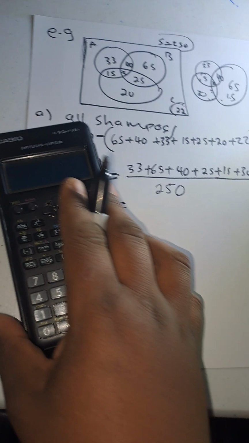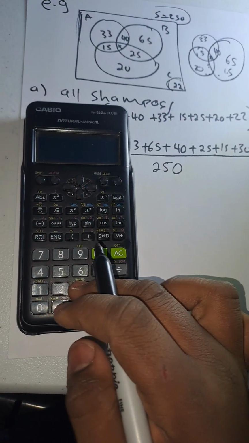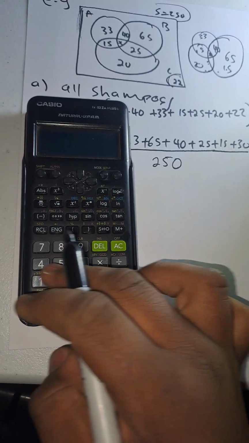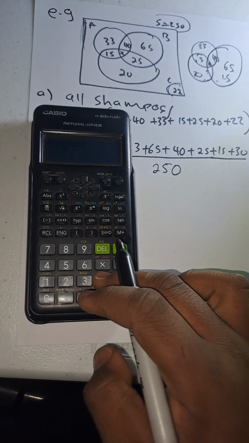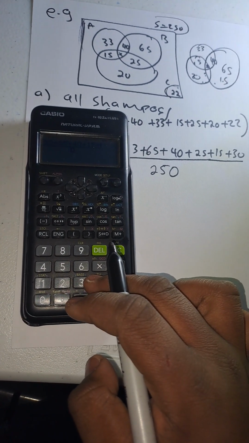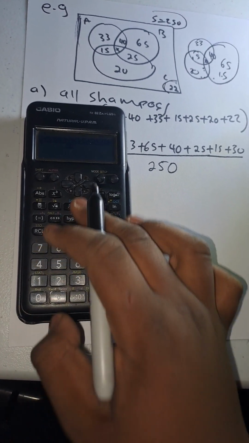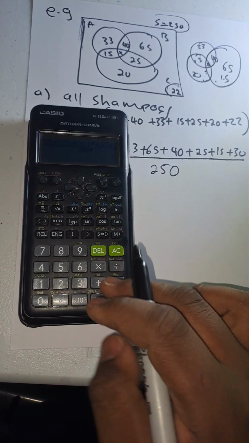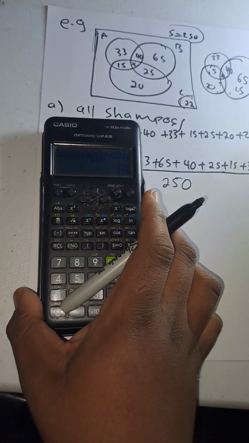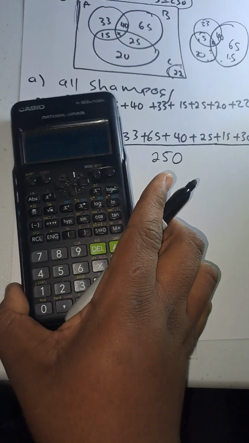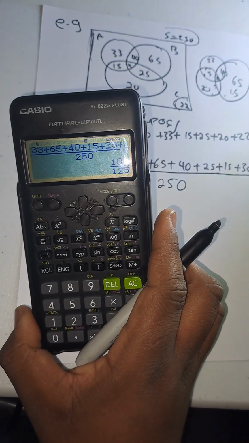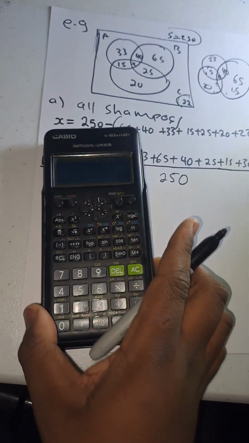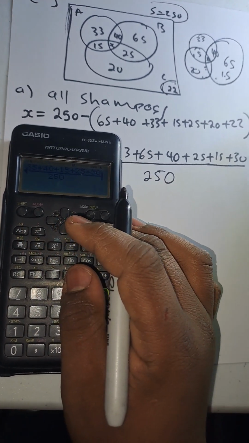Take out your calculator. 33 plus 65 plus 40 plus 15 plus 25 plus 30 over 250. What are you getting there? 104 over 125.